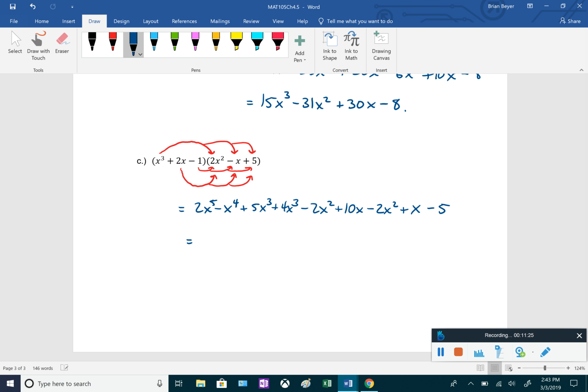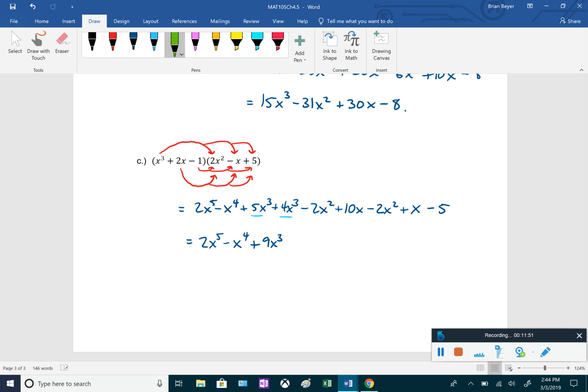Okay, so now we just have to combine like terms. So 2x to the 5th is just one of those. Then we have -x to the 4th. Not even going to underline it. There's just one of those. So just rewrite it. Combine the cube terms. So 5x cubed plus 4x cubed is 9x cubed.